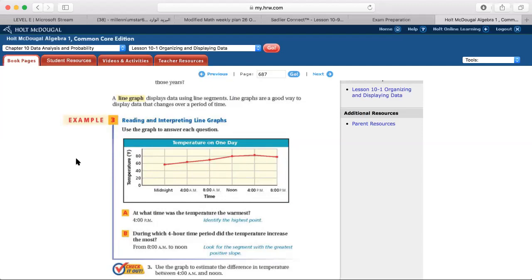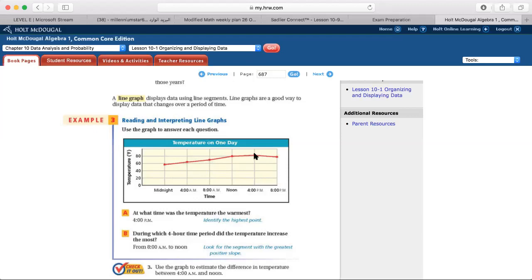The vertical shows the temperature in Fahrenheit, and the horizontal shows the time. So, at what time was the temperature the warmest? Warmest means the hottest, the highest. So identify the highest point.